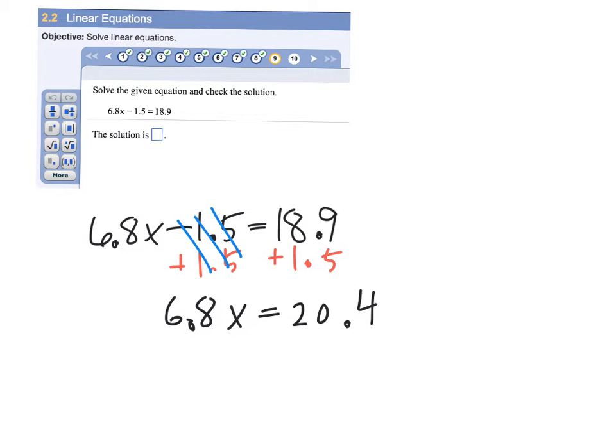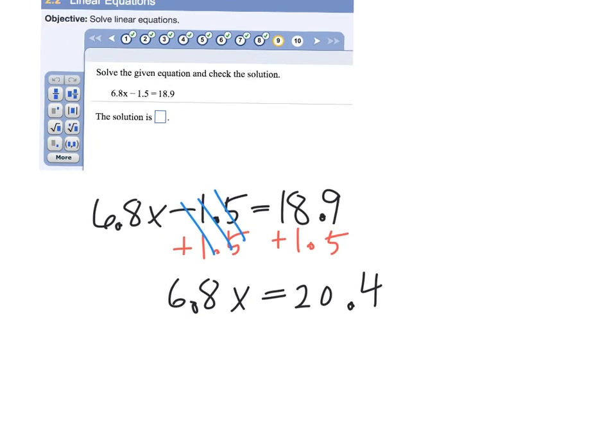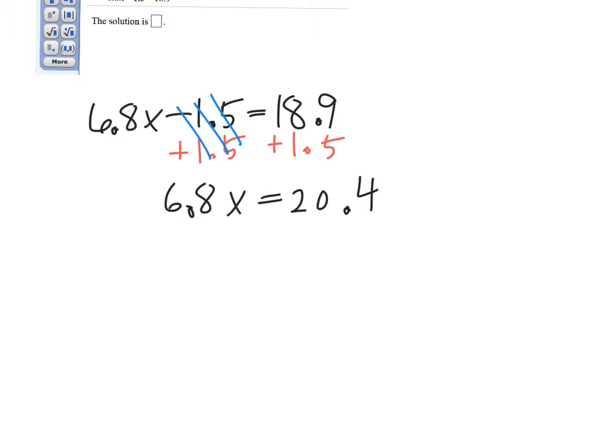And then we're going to divide both sides by 6.8. So I'm getting out my calculator because there's no way I'm going to divide this in my head. This part I could divide in my head because 6.8 divided by 6.8 is 1.